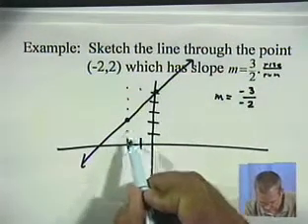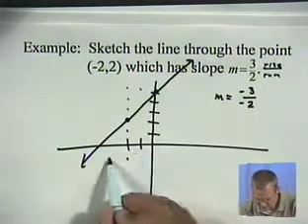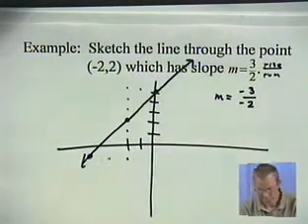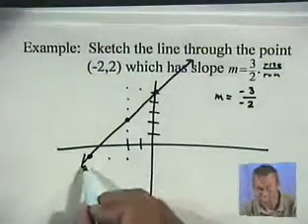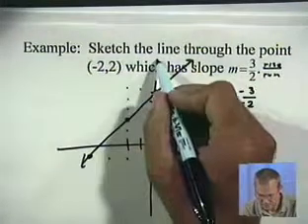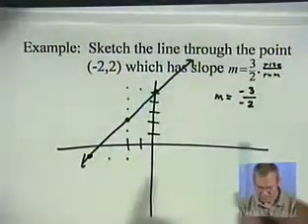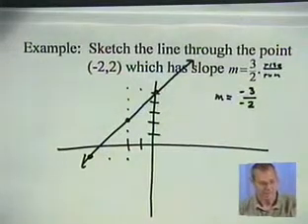So 1, 2, 3. And I could go to the left 2. 1, 2. And I'd still be on my line. Now I could find many more points. I could still go down 3/2, I'll be on my line. I could go up 3/2, I'll be on my line. But as long as I have 2 points, that's all I need, because it just takes 2 points to sketch a line. Let's do a couple more examples.